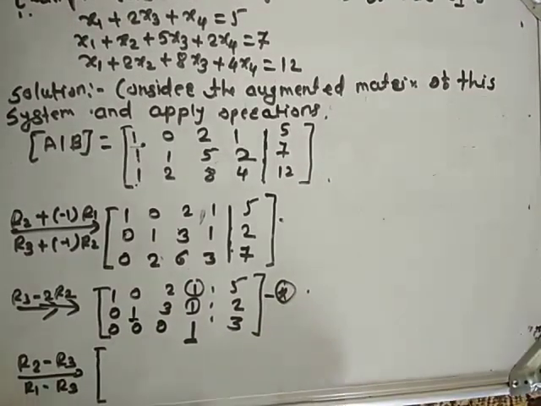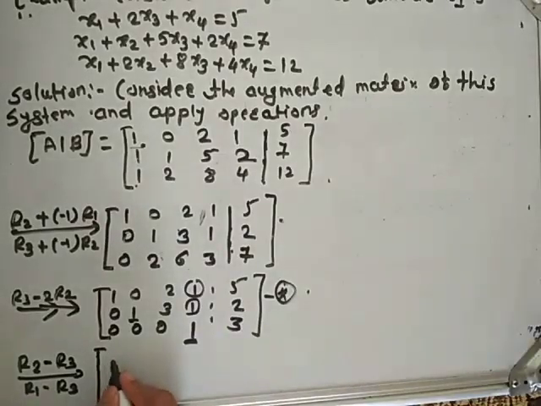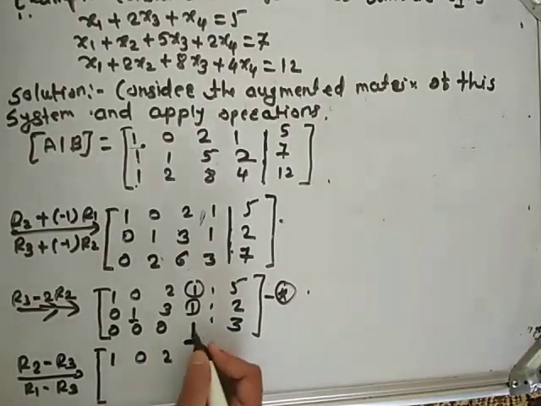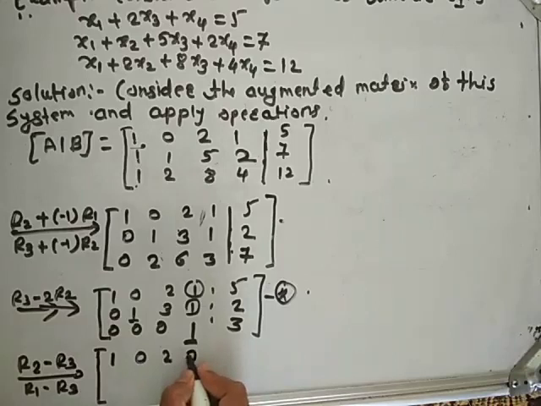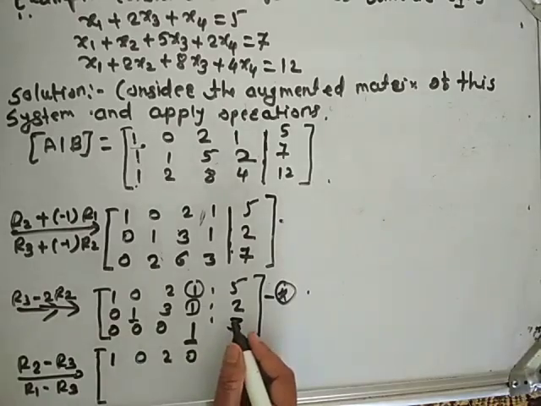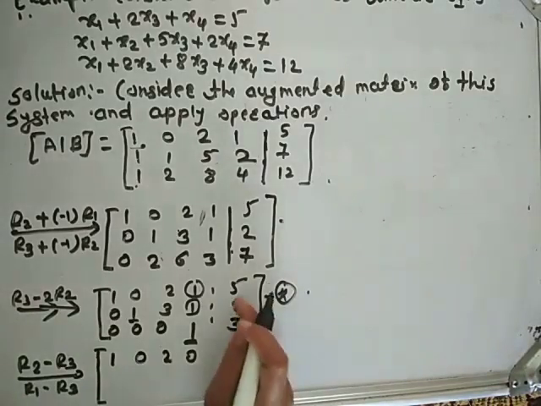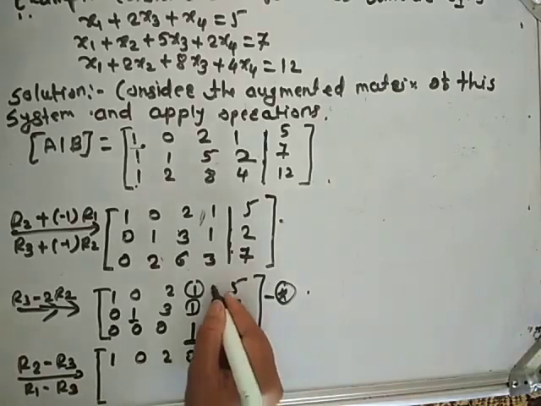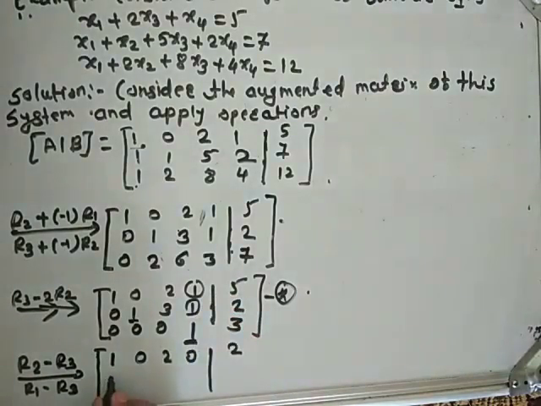So this matrix will become: this is as it is, 1 0 2. Here 1 minus 1 is 0. R1 minus R3, so here 5 minus 3 is 2. 0 1 3. 1 minus 1 is 0. 3 minus 2.